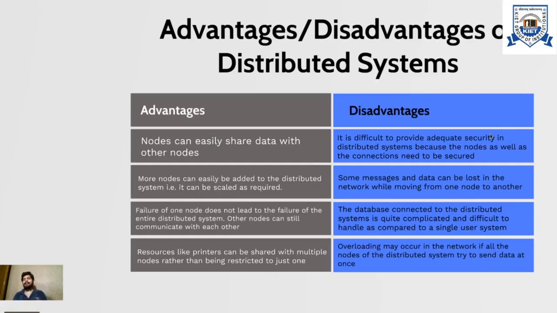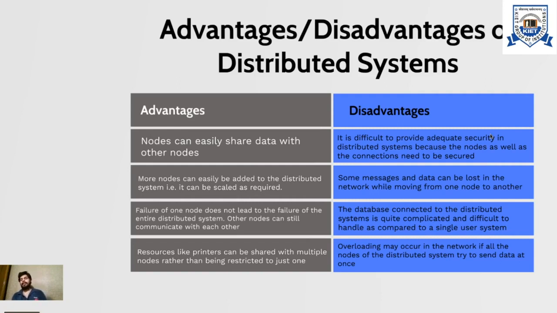Second, some messages and data can be lost in the network while moving from one node to another. This is a general disadvantage of networking. If you are using networking, it can be possible that some of your packets may be lost, some may not be lost. So this is an issue of a network.